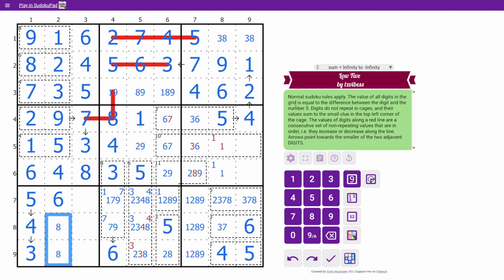Eight will go down here with a 7. Four now looks to go here.